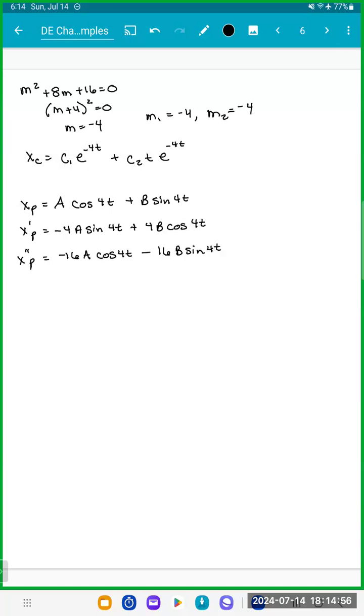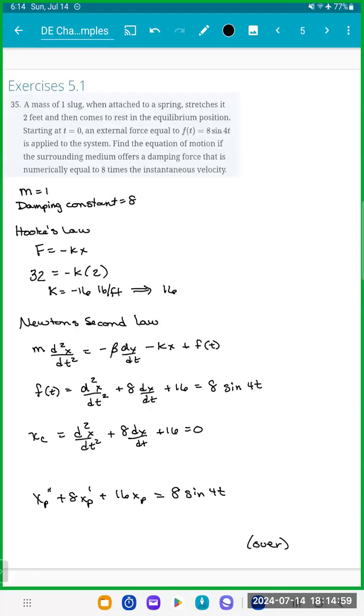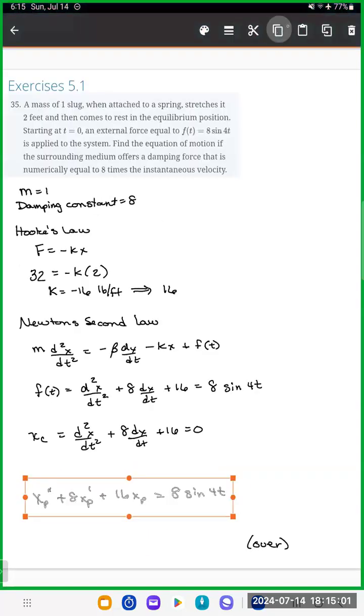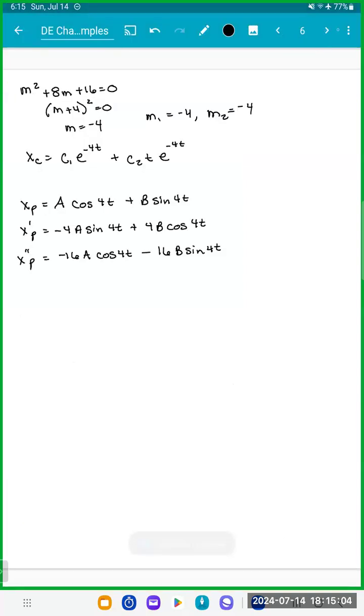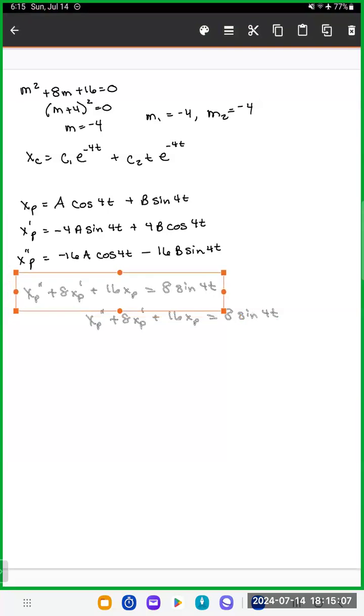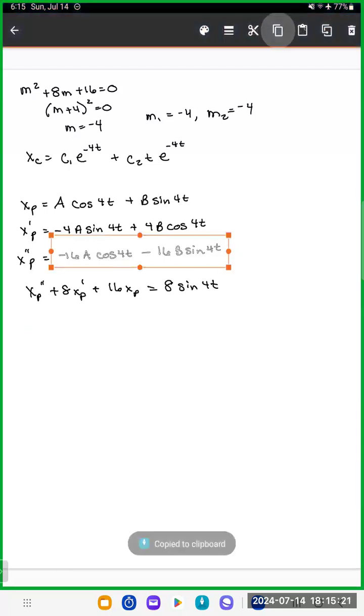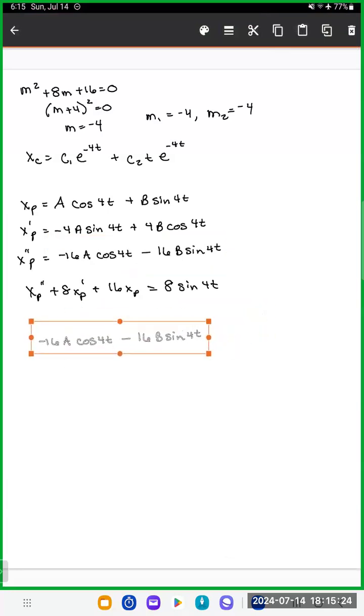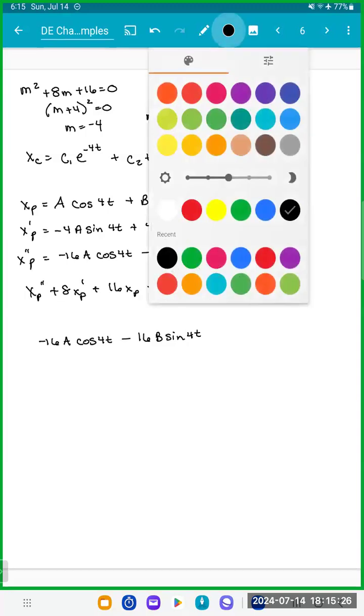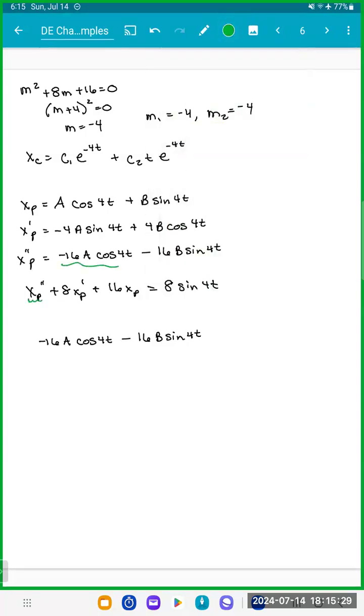Okay. So if we look back at the equation that we used over here, and just copy that and bring it to our next page here. Now we can use that and the three things that we just computed to put that all in place. I'm going to just actually copy instead of rewriting. So we're going to copy, paste that. That takes care of this piece right here. The next one, 8 times the second one.